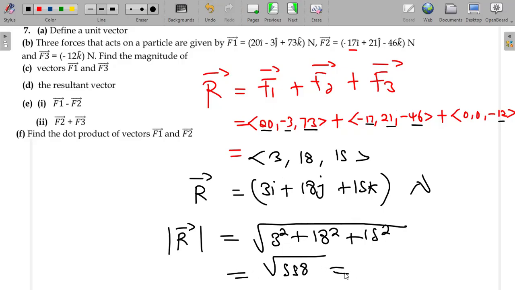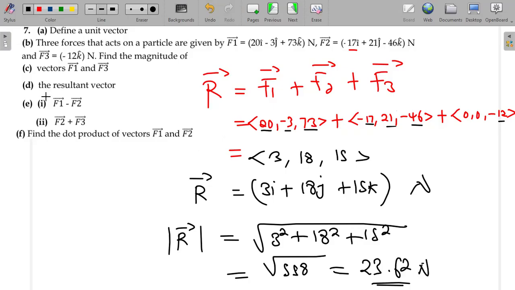Then I take the square root of that. I'm just going to get 23.62 newtons. Okay, so that is the magnitude of the resultant vector. So first we found the resultant vector and then we found its magnitude.